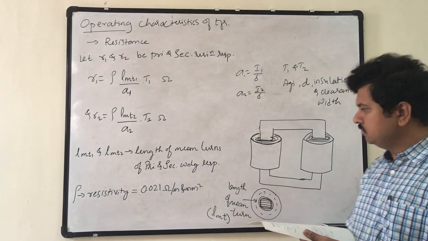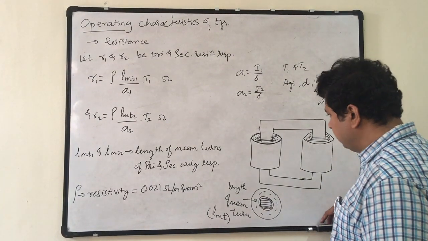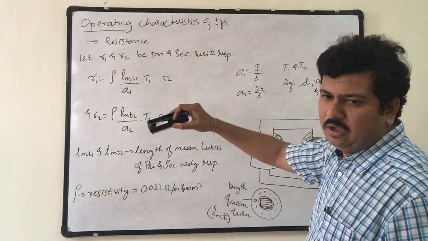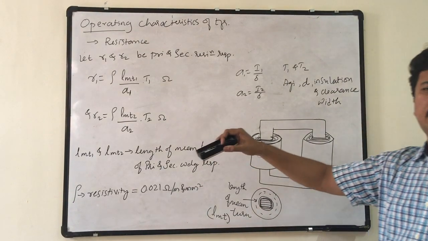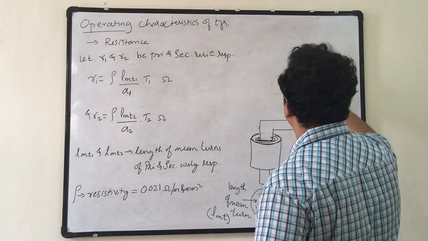So the total copper losses in the machine is given by... Now I know the resistance R1, R2. I already know what are the currents I1 and I2. So I can get the copper losses in primary and secondary.